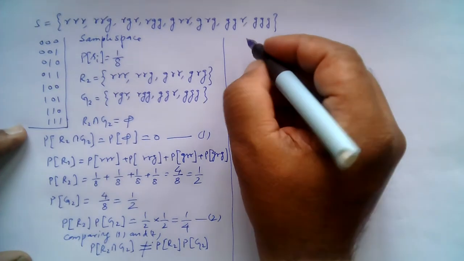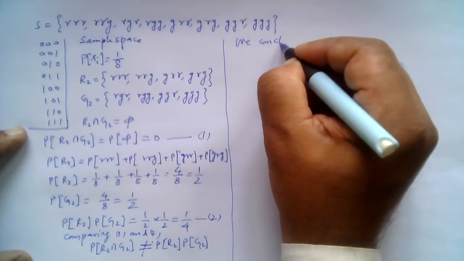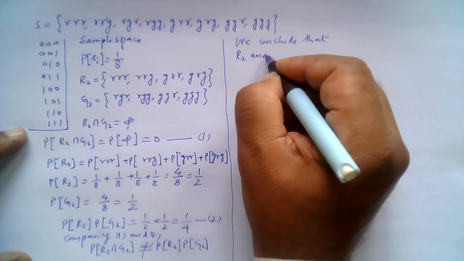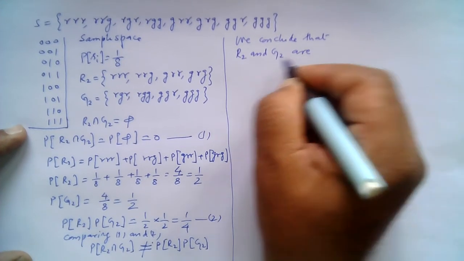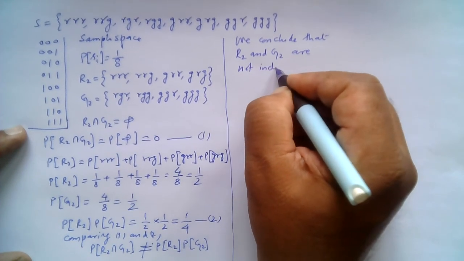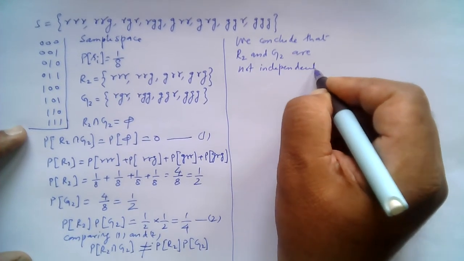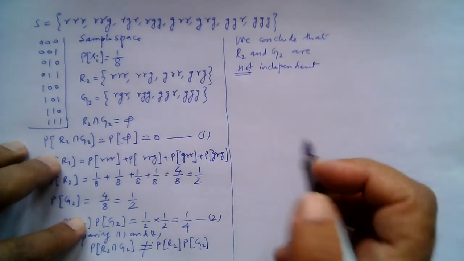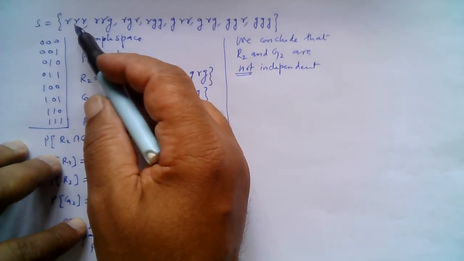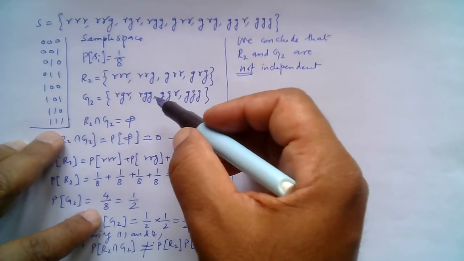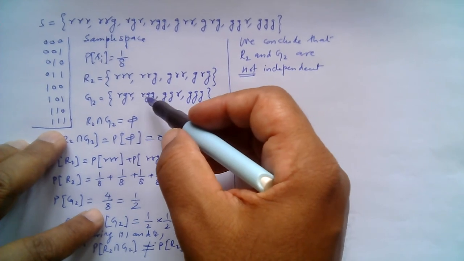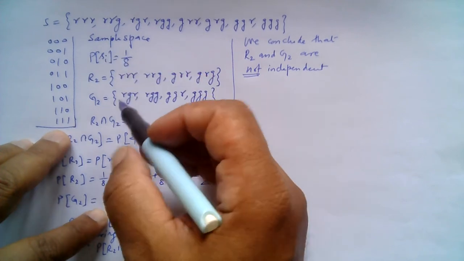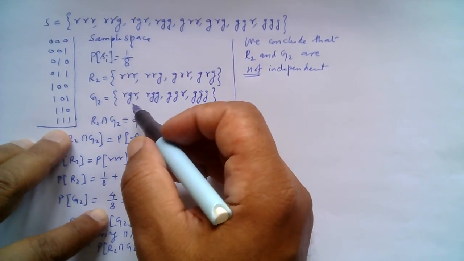So we conclude that R2 and G2 are not independent, because as you see, knowing that the second light is red will make it certain that it cannot be green. So the event R2 does affect the event G2. So that's why they are not independent, right?